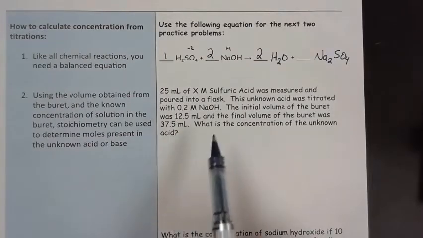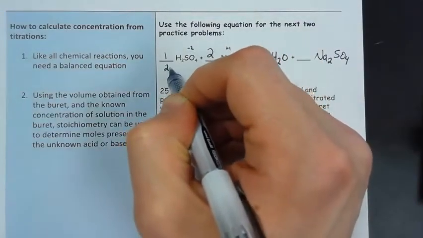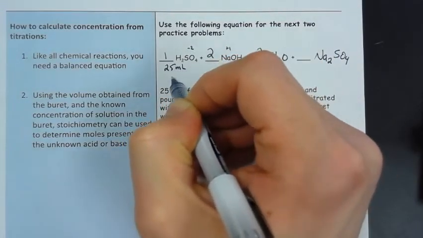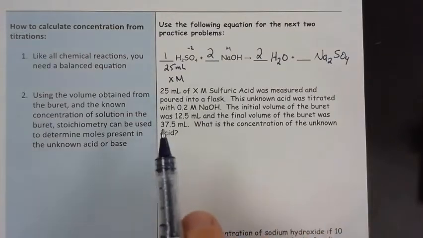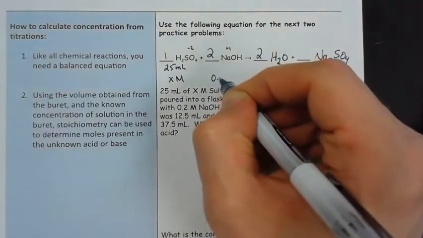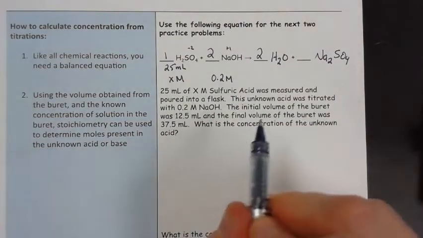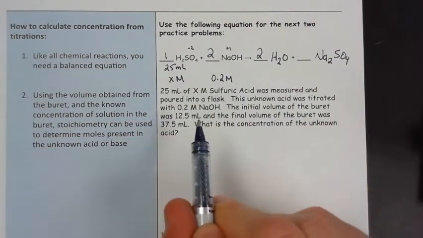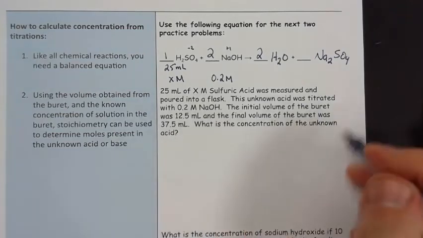Right? So in the question here, we've got 25 milliliters of an unknown concentration of sulfuric acid, and that was poured into the flask, just like we're going to do in the lab. This unknown acid was titrated with a concentration of sodium hydroxide that's 0.2 molar. And then it says the initial volume of the burette was 12.5 milliliters, and the final volume of the burette was 37.5 milliliters.